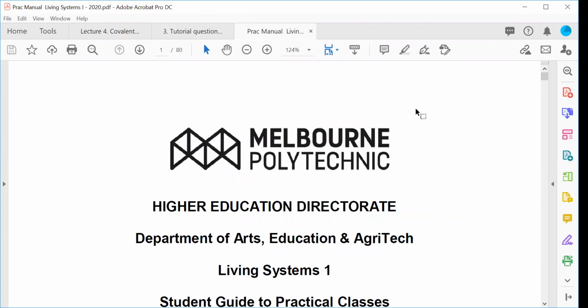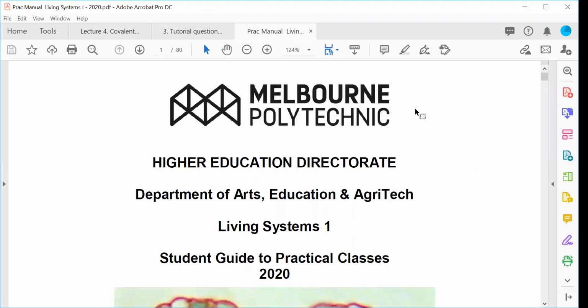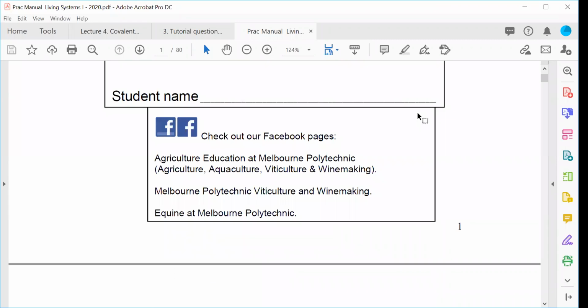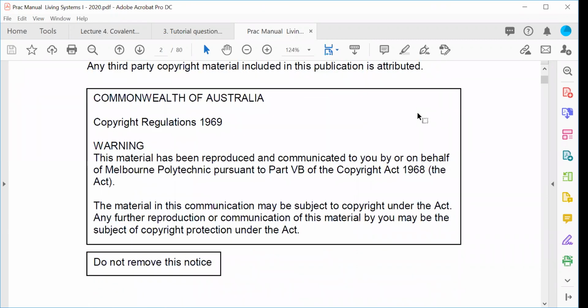So the prac manual. For those students that are not doing week-to-week prac classes, which means that you haven't received a prac manual, I have now uploaded the prac manual to Moodle. Have a look at a new folder called the additional information folder, and you'll find a copy of our prac manual. So don't print it unless you really wanted to.